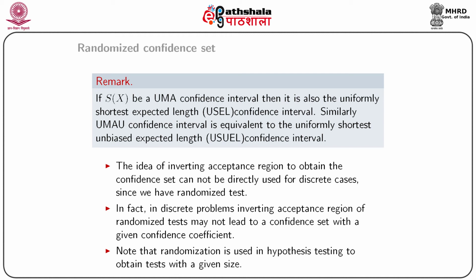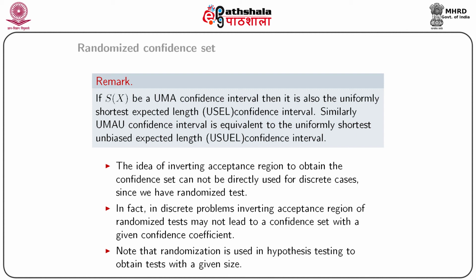Now we are going to discuss the idea of a randomized confidence set. The idea of inverting the acceptance region to obtain the confidence set cannot be directly used for the discrete case, since we have randomized tests.